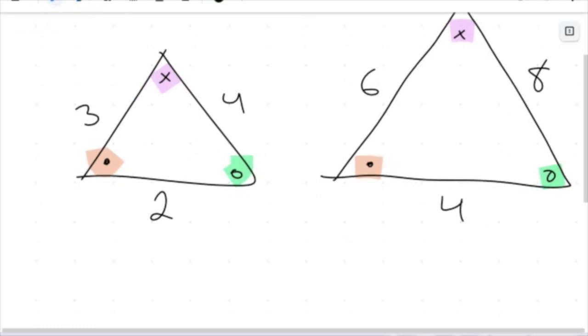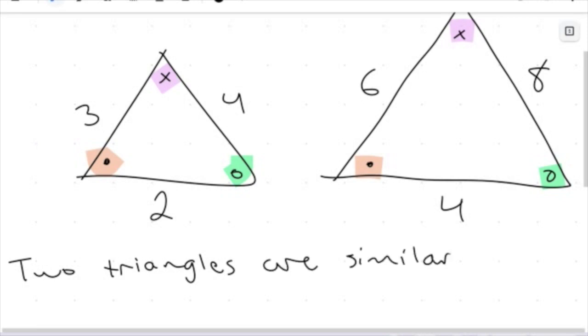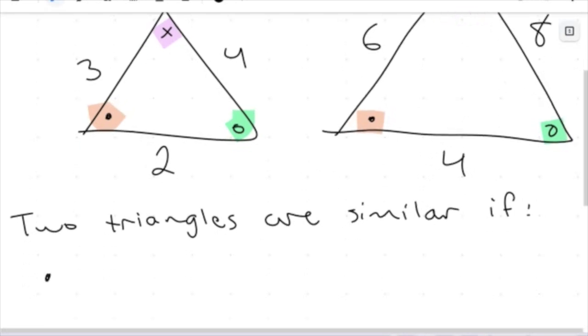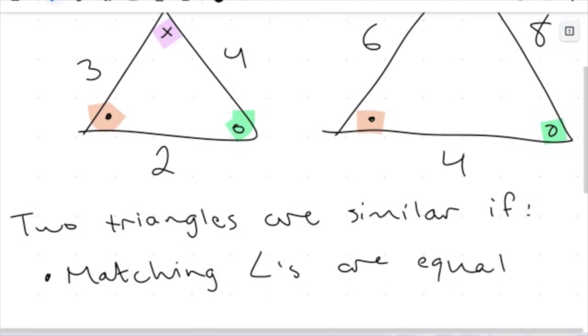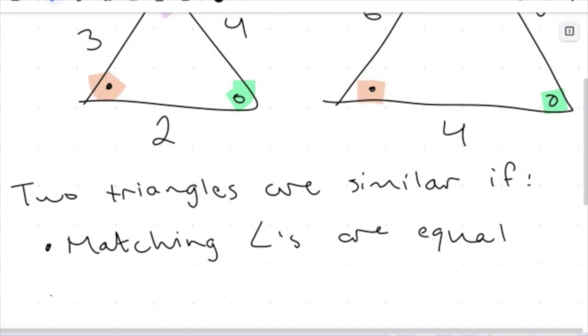So let me actually write that down. Two triangles are similar if the matching angles are equal, and if the matching sides are in proportion.